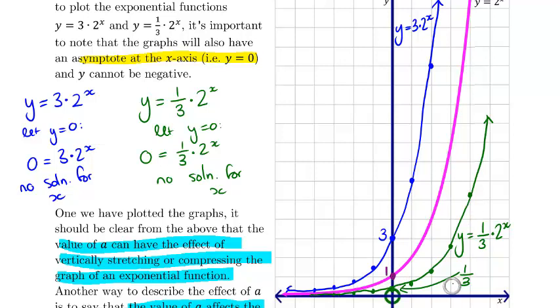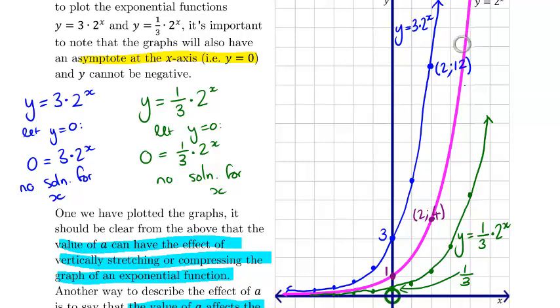Remember when x equals, let's say, 2. Originally, when x is equal to 2, y was equal to 4. But when we changed a to 3, then when x equals 2, we ended up with, unsurprisingly, 12. Stretched 3 times as far away from the asymptote as it originally was. 3 times further away from the x-axis as we originally had.